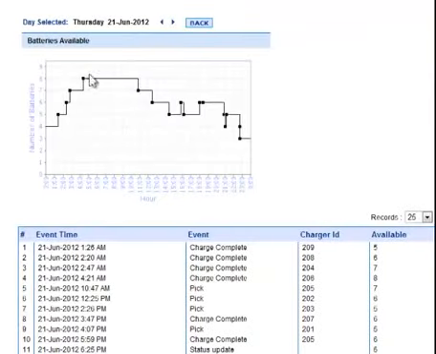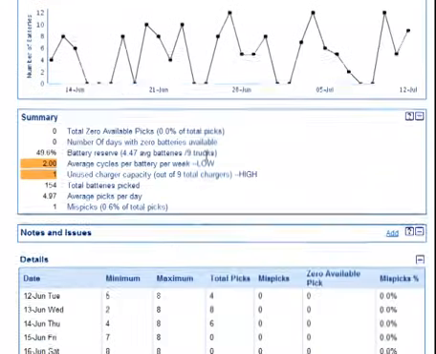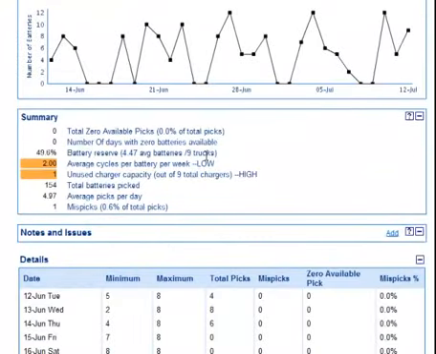Now, if you're 1 off, the one thing you want to check there is if they do not have a battery changer, they probably need to leave 1 slot empty at all times so that there's a place for the battery coming off the truck to be put on to a charger rack so that then they can pull from something else. So there's a fair number of sites where you will see 1 in this scenario.